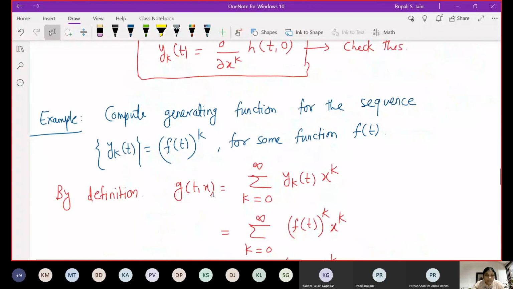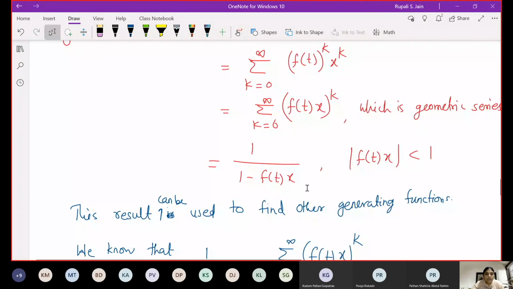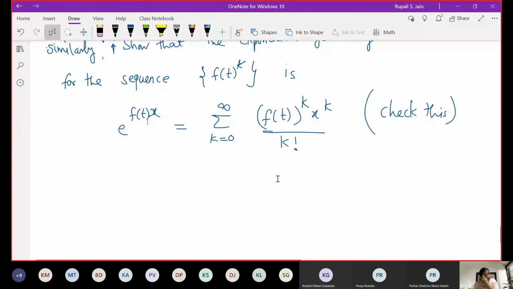H of tx will be summation k equal to 0 to infinity ykt x raised to k upon k factorial, right? By definition. Just use that one and show that it is e raised to f of t x, which is nothing but f of t raised to k x raised to k upon k factorial. So the exponential generating function is e raised to f of t x.